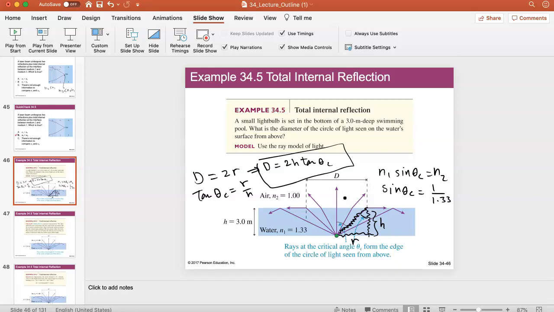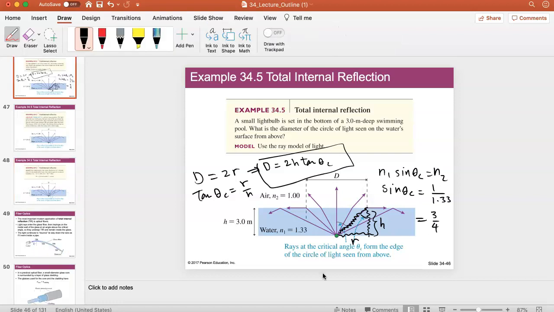What does it look like? It's roughly 3 over 4, I think, right? So if I want to get this angle without using the arc sine function of my calculator, which is probably the better way to do it, I guess we can just visualize that triangle.